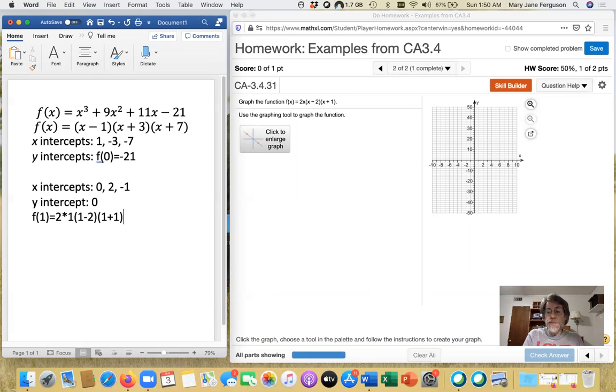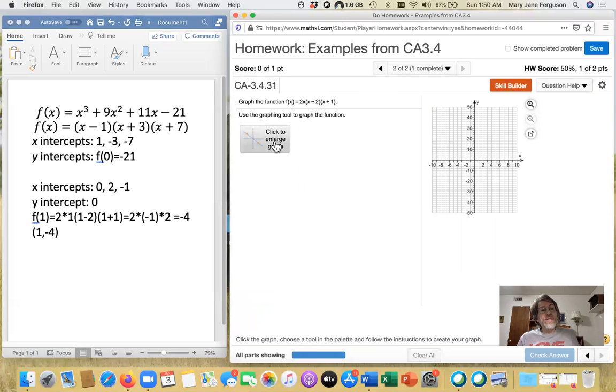Let's see what that would be. That would equal 2 times negative 1 times 2, and that would give you a negative 4, if I'm doing that correctly. So that gives me one more point. The point exactly, just so we're clear, is 1, negative 4.